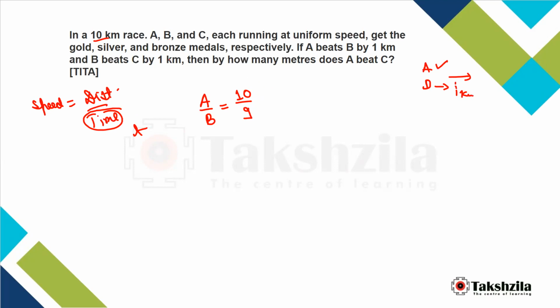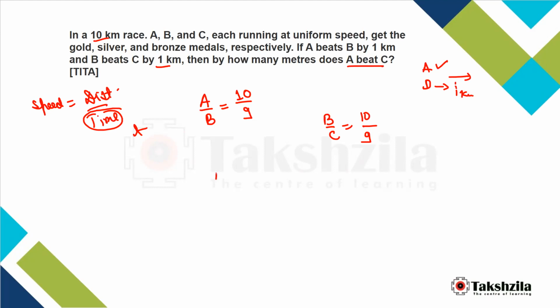And B beats C by 1 kilometer. Now if we talk about B and C, by the time B completes 10 kilometers, C completes 1 kilometer less. This is for the same time only. So C will complete only 9 kilometers. Our question is, by how many meters does A beat C?